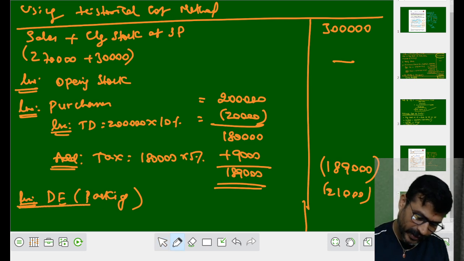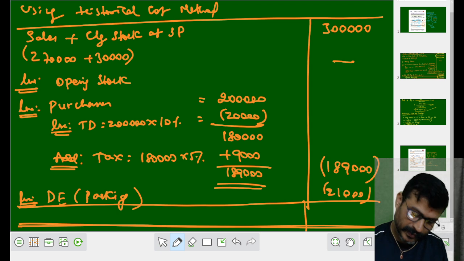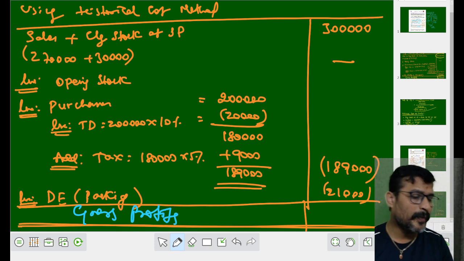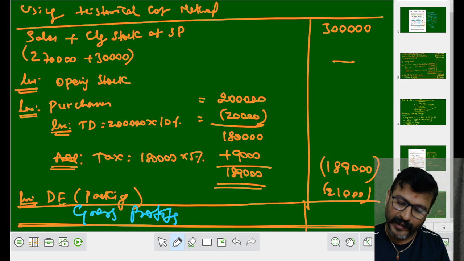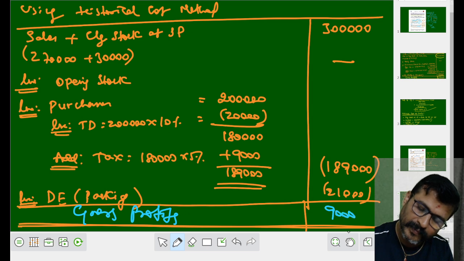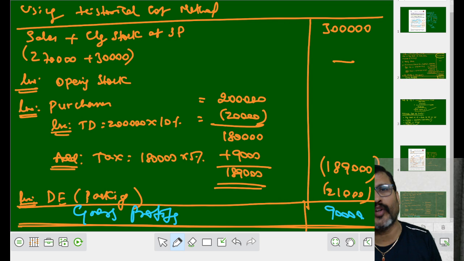Now, my dear student, you work out a balance. That balance is called what? It is nothing but gross profit. How much gross profit? Out of 3 lakh, you subtract all these, and we get a gross profit of 90,000. Now how to work out the rate of gross profit?